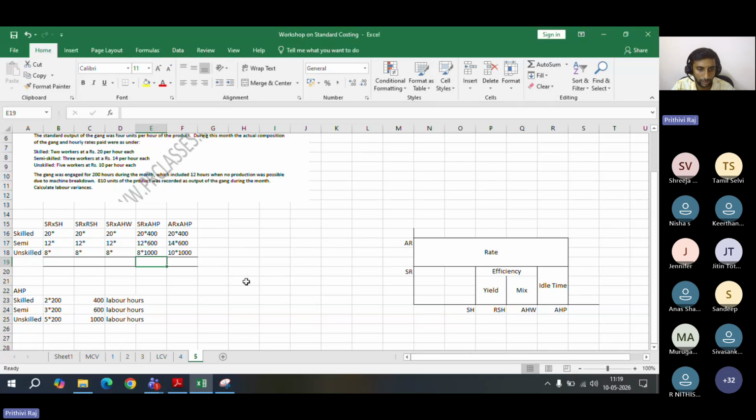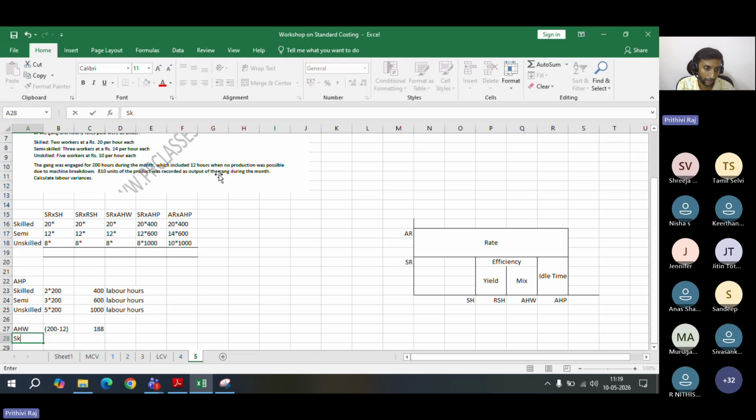Now actual hours worked. How many actual hours have you worked? I put it here, AHW. So there are 200 hours, which is your full time hours, out of which idle time is 12 hours. So 200 minus 12 gives total hours available of 188 hours. But you require labor hours.